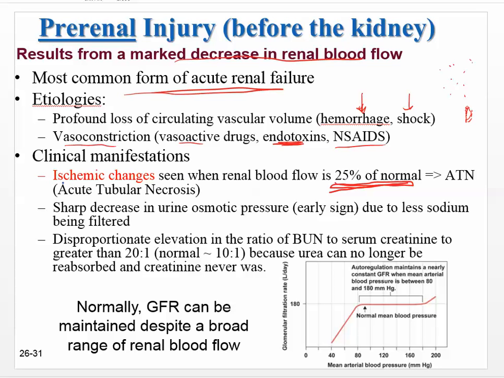So ischemic changes, and then when you have ischemic changes, you get damage to the nephron tubules, and acute tubular necrosis can take place. So pre-renal injury can cause intrarenal injury. Sharp decrease in urine osmotic pressure, which is an early sign due to less sodium being filtered.